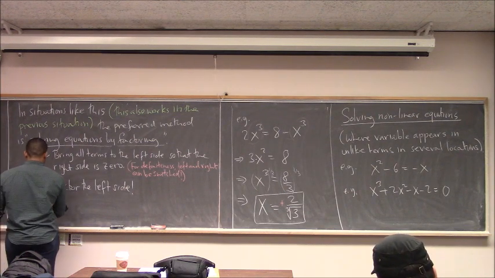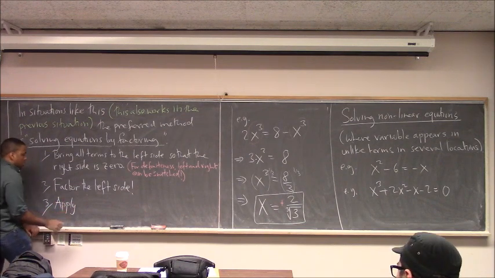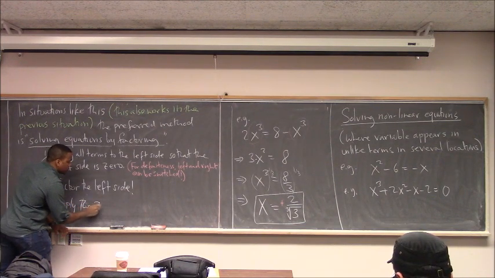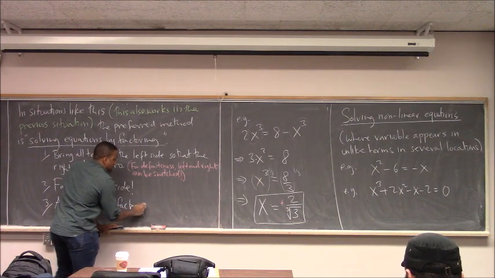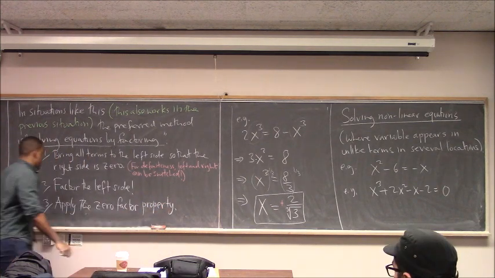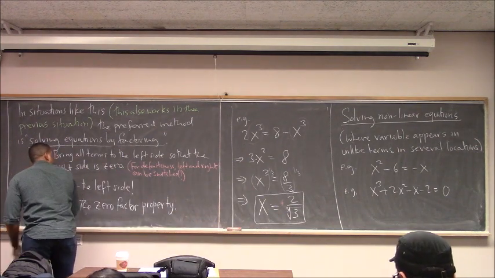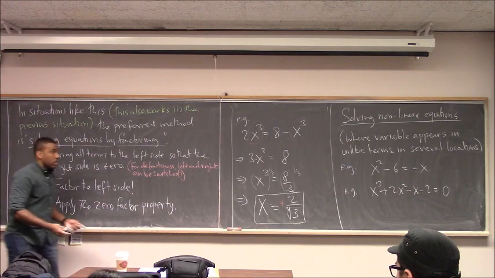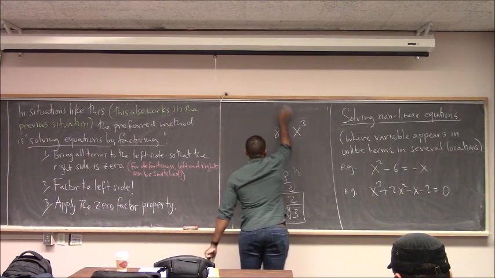And step 3, you apply the zero factor property. And step 4, sometimes you might get linear factors, but you might also get nonlinear factors, and so you pretty much rinse and repeat.